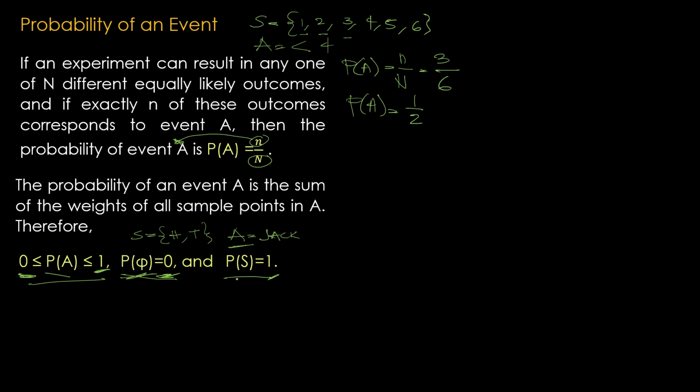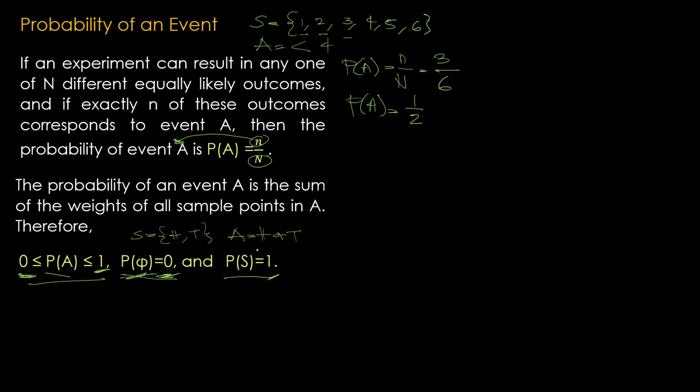And lastly, the probability of the sample space is equal to 1. If we use the same sample space for the tossing of a coin, the heads and the tails, and our event A states that we are to expect a head or a tail to occur, what is the probability of our event A?